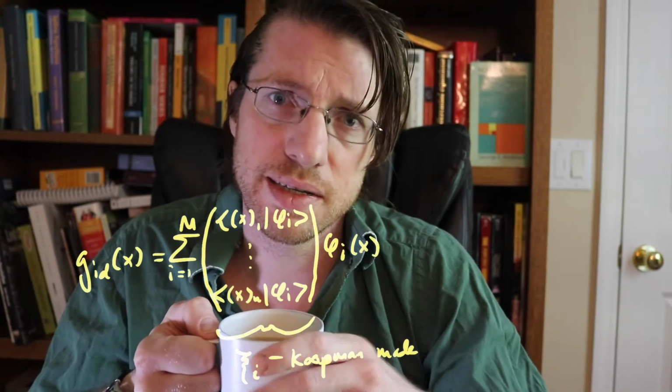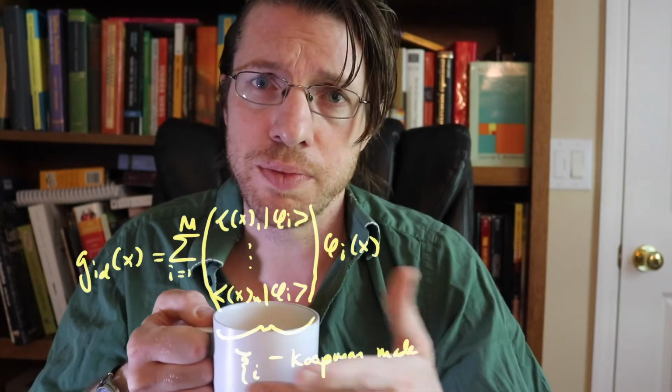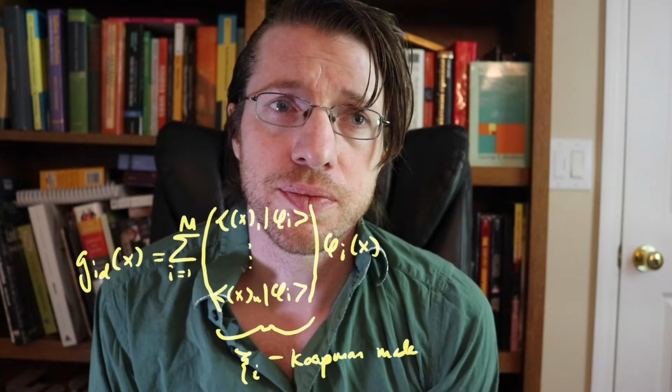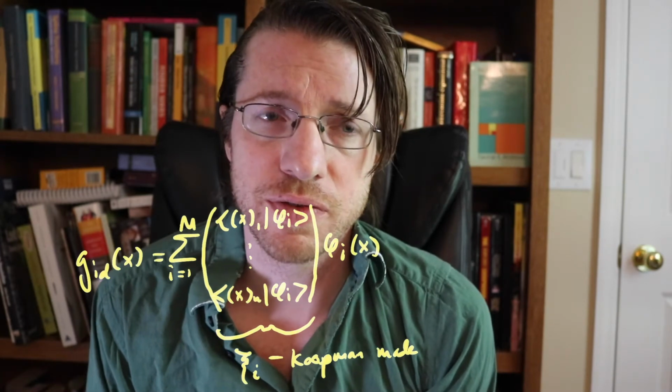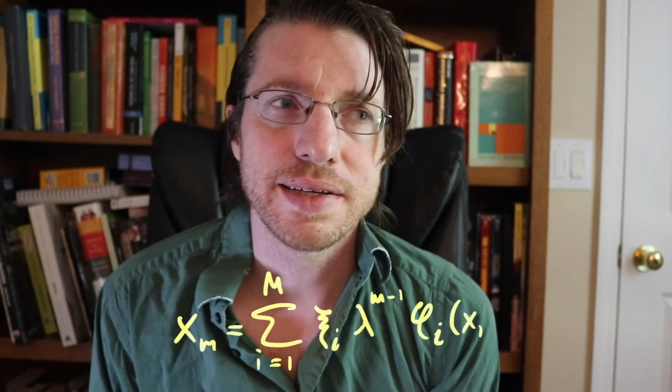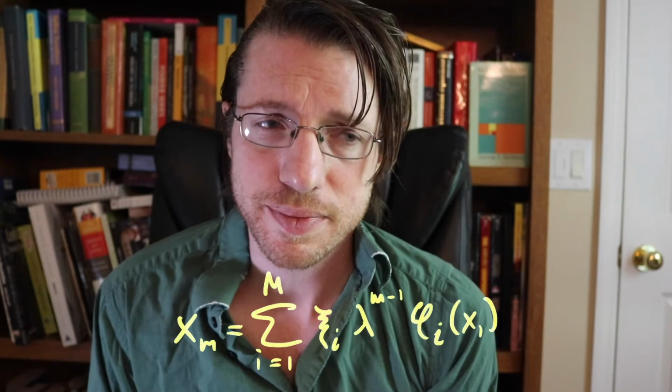And this vector of coefficients is then called the Koopman mode, corresponding to that eigenfunction. And so then what we have is this collection of Koopman modes, eigenvalues, and the eigenfunctions evaluated at the initial point. And we have a series of these, or a sum for the finite data sampling. And then that's the model.